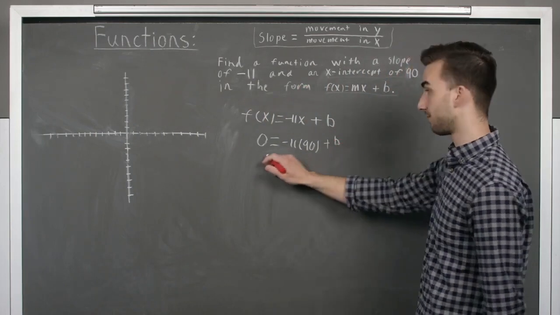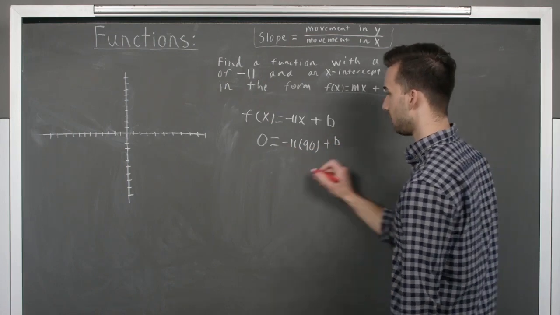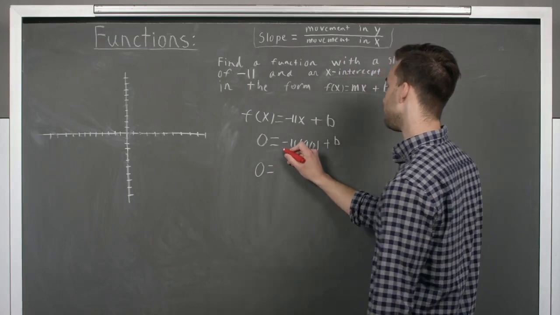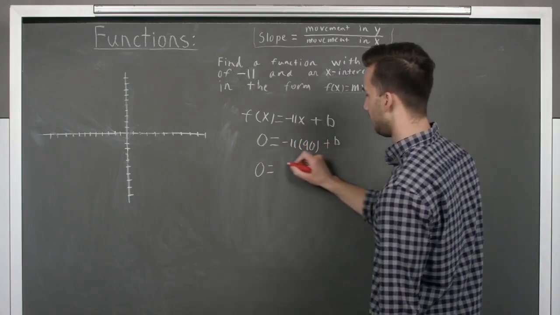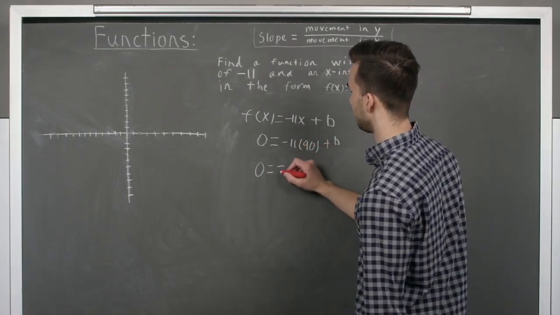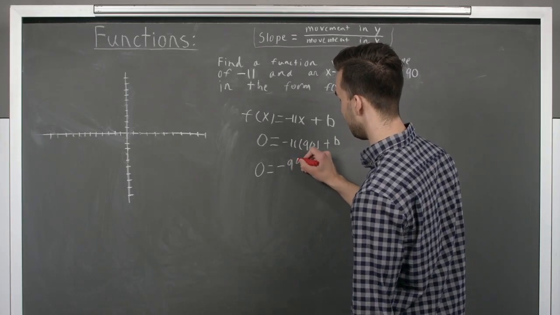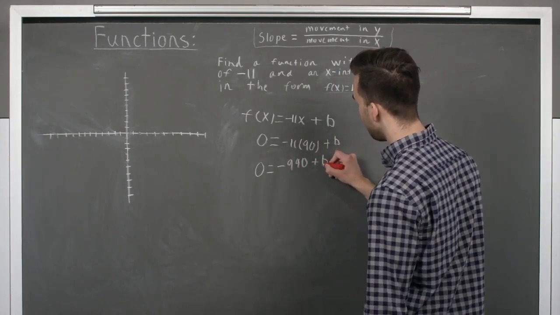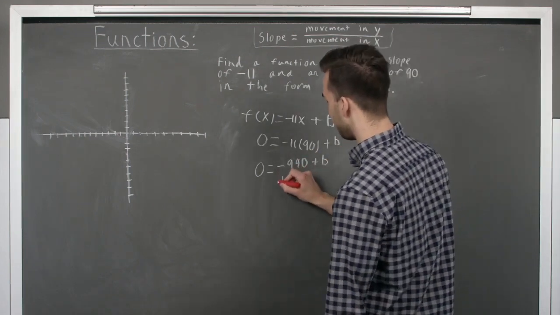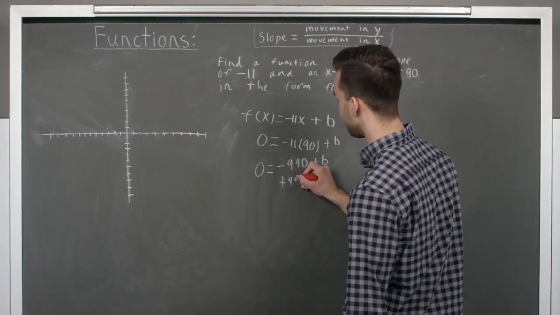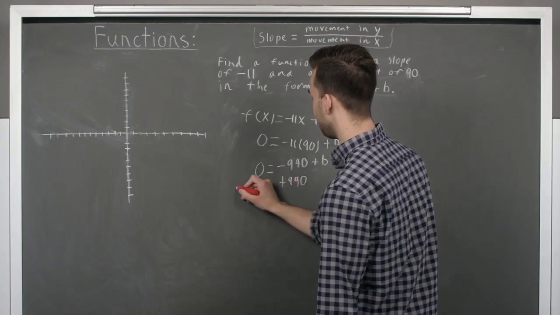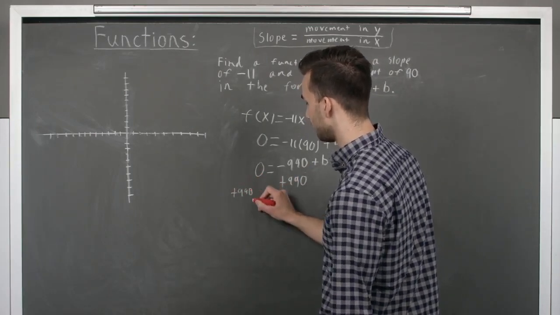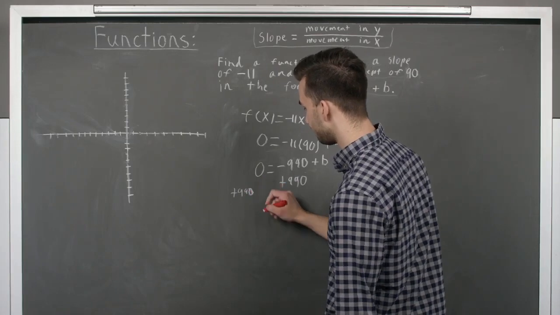At this point, we're left with a simple equation. So let's simplify this right here. We have, what's -11 times 90? If you pull out your calculator, that is -990. And then plus our b here. If you want to add 990 to both sides, plus 990. So that looks like a 6, but that's a 0.